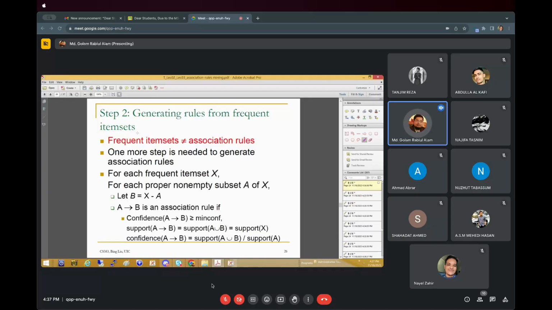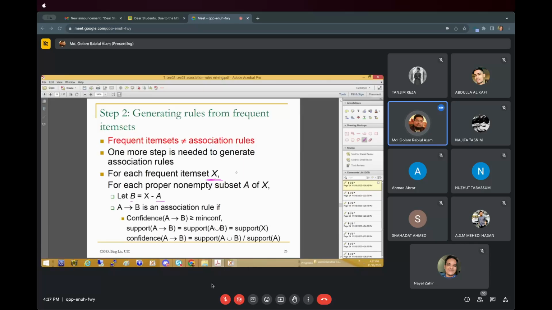For each frequent item set X, for each proper non-empty subset A of X, let B be X minus A. That means for each frequent item set, you need to consider frequent item sets of one item, 2 items, 3 items, so all.